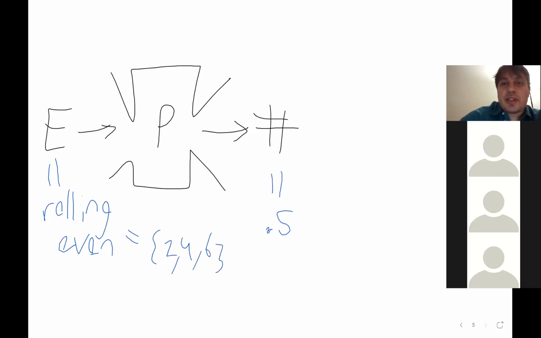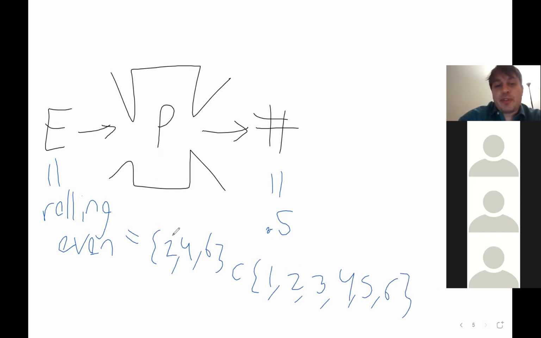It's an event because it's a subset of the entire sample space 1, 2, 3, 4, 5, 6, right? This is the sample space. 2, 4, 6, the even numbers, is a subset of the sample space. And so this is an event. And so we input an event into this function and we output a number. We're just assigning this number 0.5 to this subset of the sample space, an event of rolling an even.